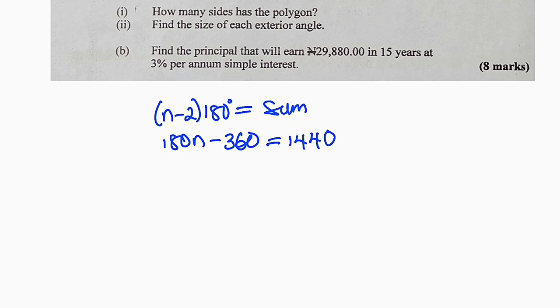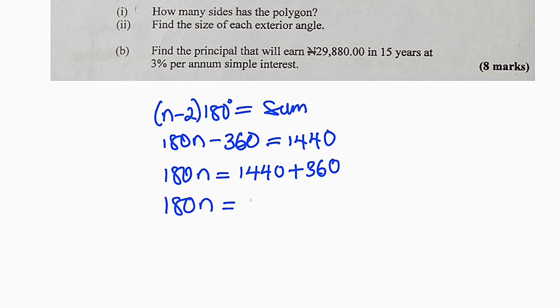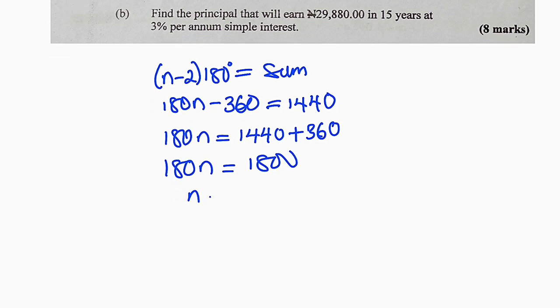Right? So you can simply take this one to the other side. It will become positive. So we have 180n equal to 1440 plus 360. 180n equal to 1800. Then you divide both sides by 180.